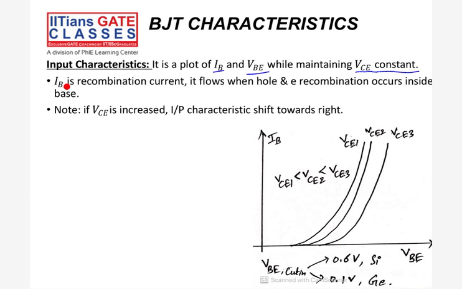I have written that IB is the recombination current. It flows when hole and electron recombination occurs inside the base region. Only when it occurs in the base region will IB come. Here I have noted that if VCE is increased, the input characteristics shift towards the right.